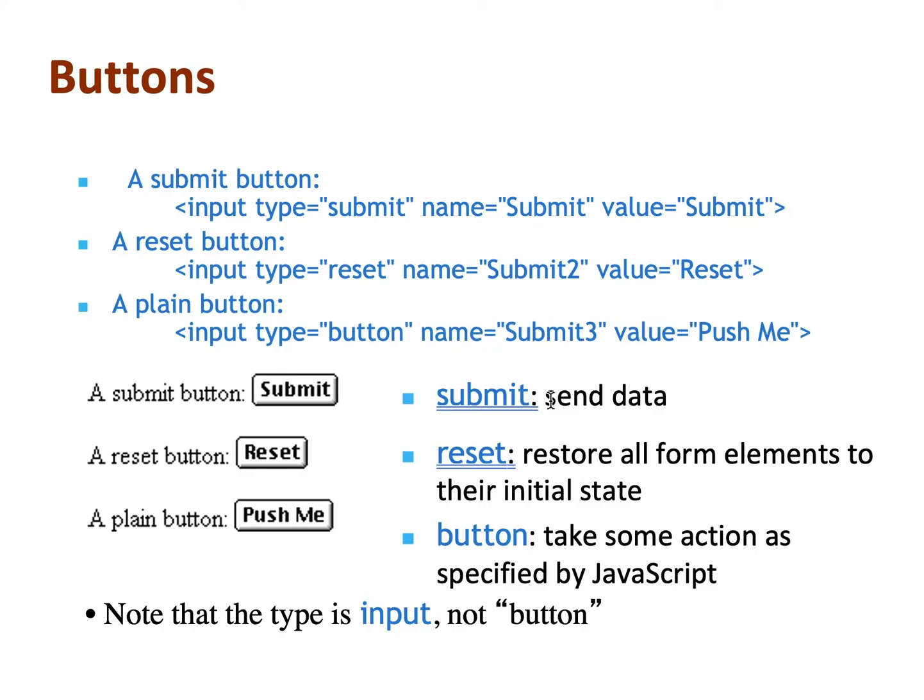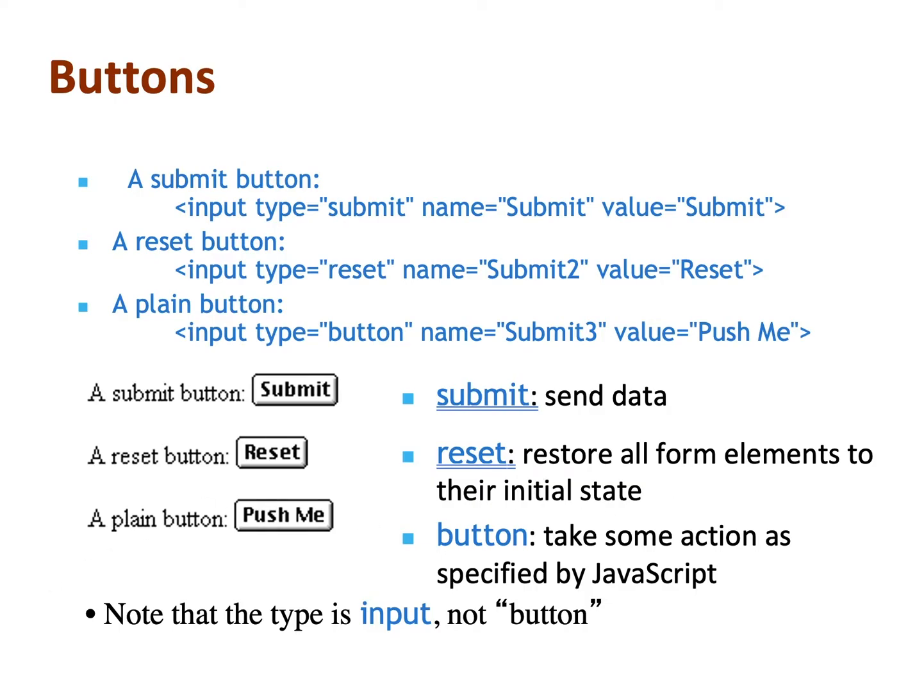So submit is to send data, reset restores all form elements to their initial state, and button would just take some action as specified within our JavaScript. Note that the type is input and not button.